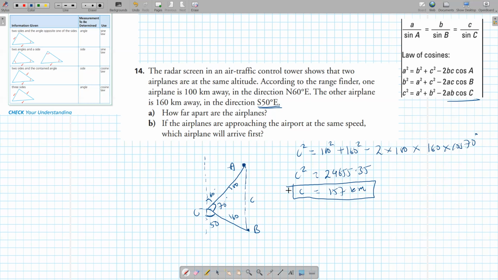Look at part B. It says the airplanes are approaching at the same speed. Which plane will arrive first? It's basically asking us, is this side length bigger or is this side length bigger?